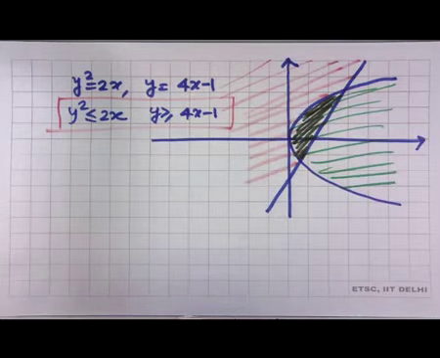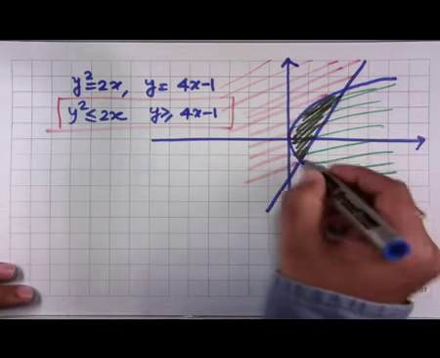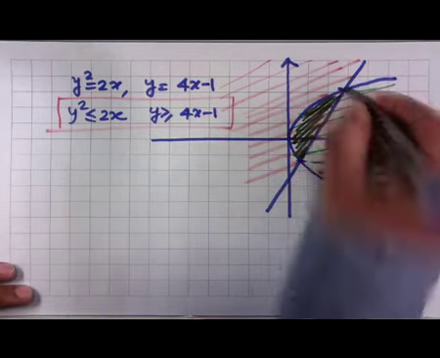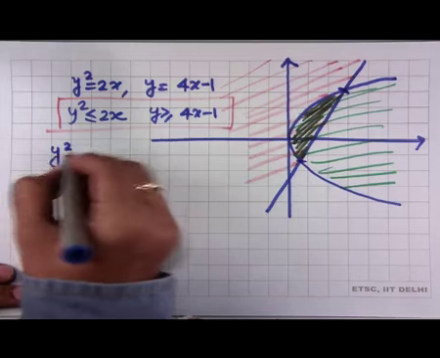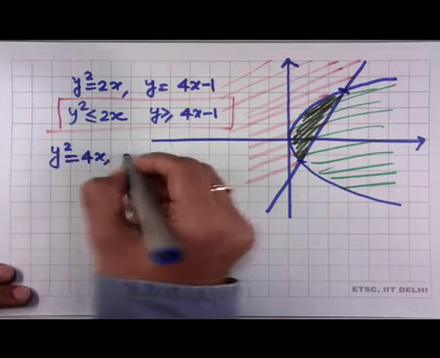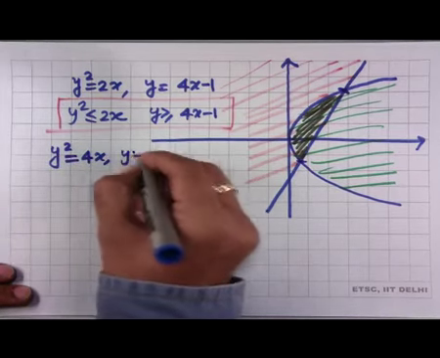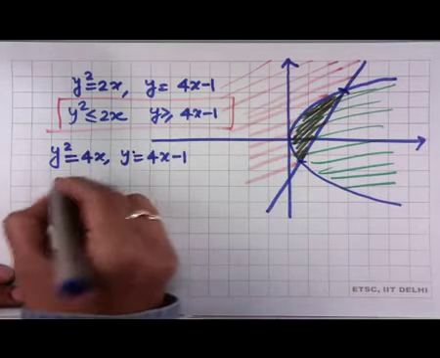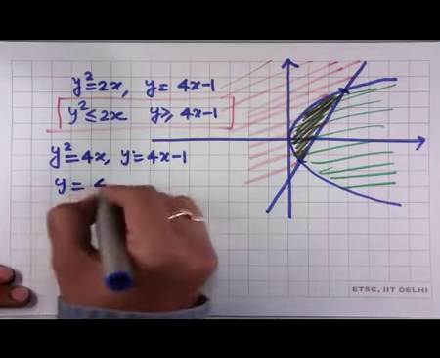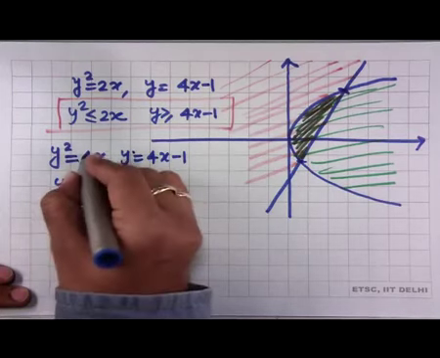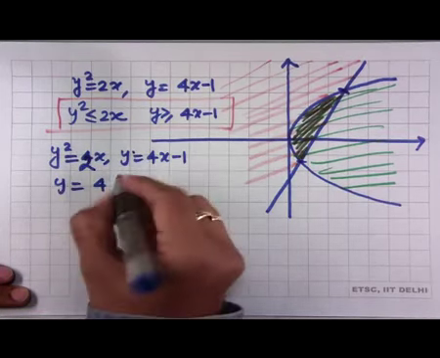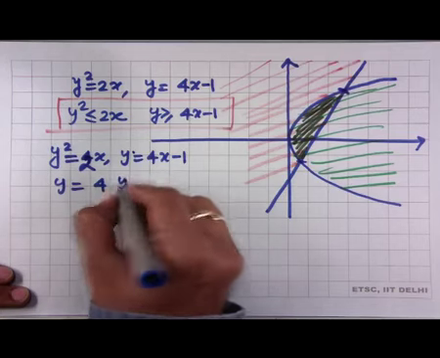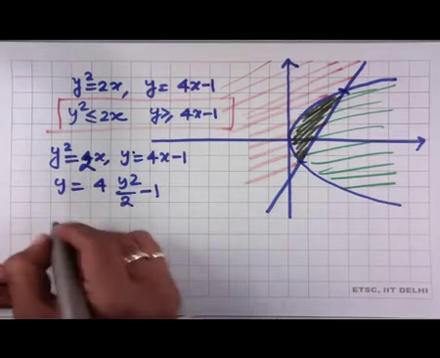For that, we need to find out the point of intersection of both the curves. So, we need to solve both the curves. So, y square equals to 2x, so x is y square by 2, and y equals to 4x minus 1 gives y equals to 2 y square minus 1.